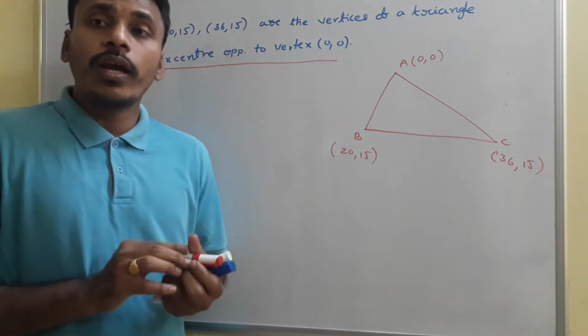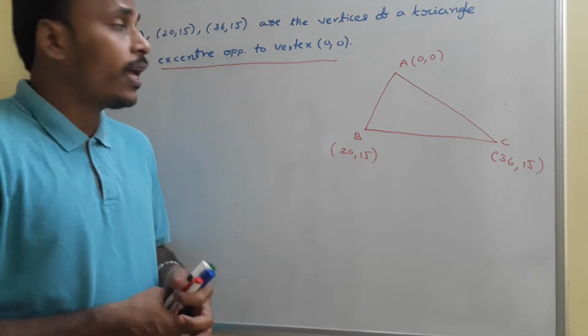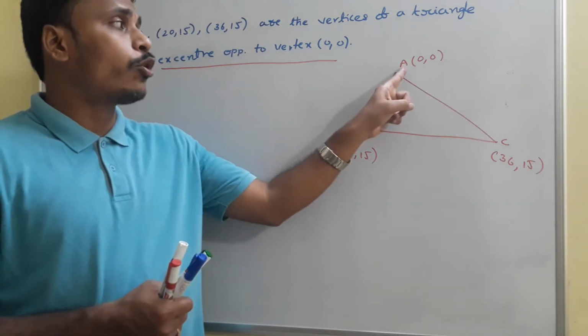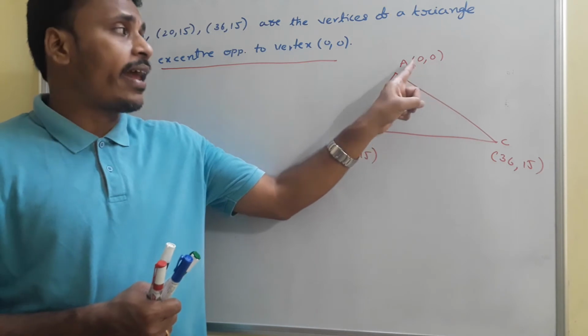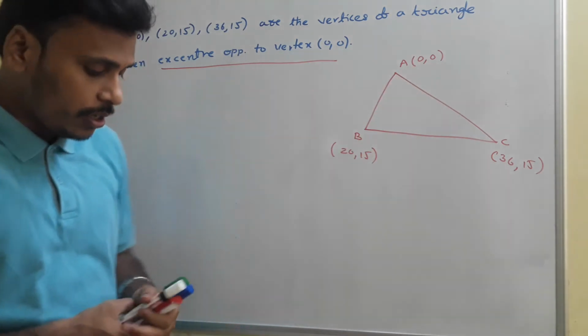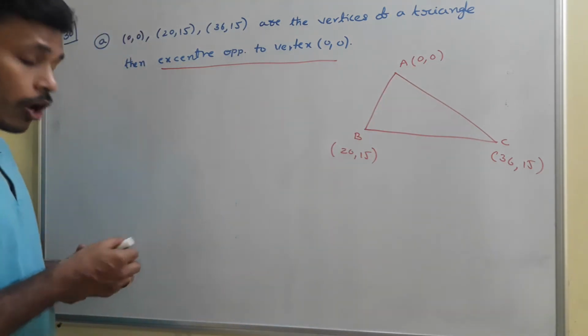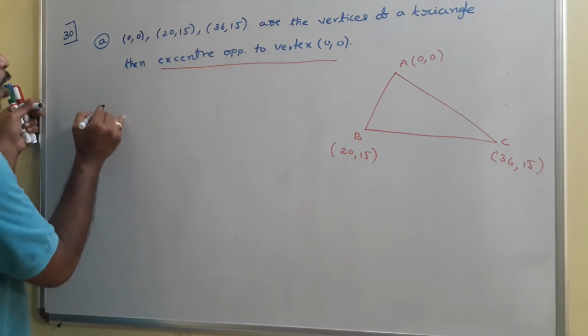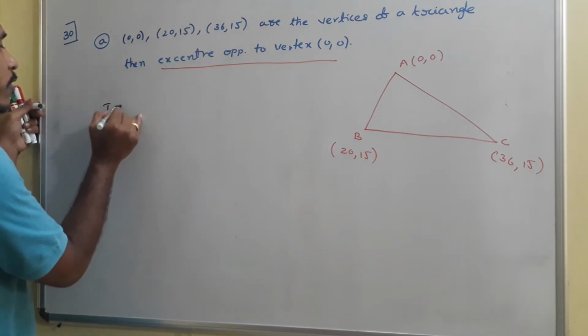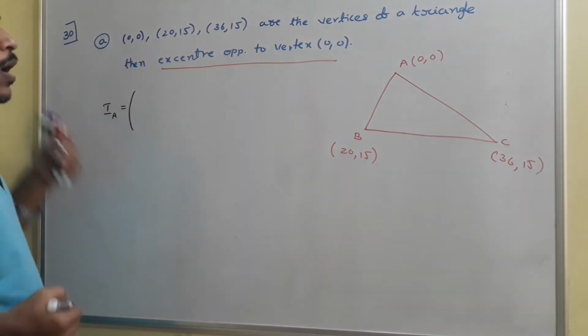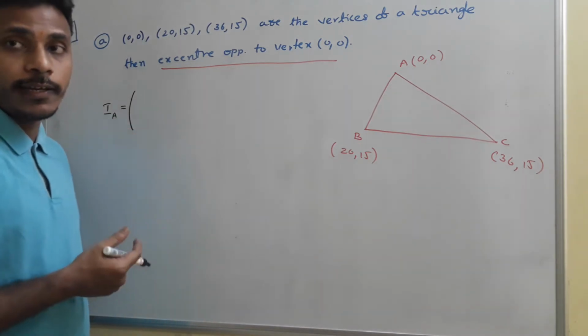The question is to find the excenter opposite to (0, 0), and I am taking it as A. Now our target is to find the excenter opposite to A, that is, I-sub-A. What is the formula to find the excenter?